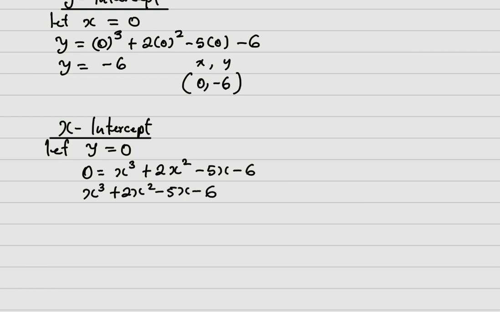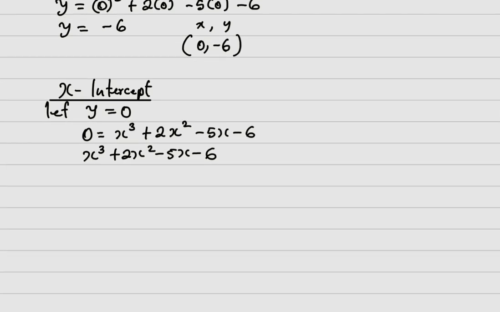Now, seeing this means that we have to solve to get the zeros of the polynomial. How do we solve to get the zeros of a polynomial? Just recall what I taught you in the previous video. What you need to do here is, through the trial and error method, to guess a number.